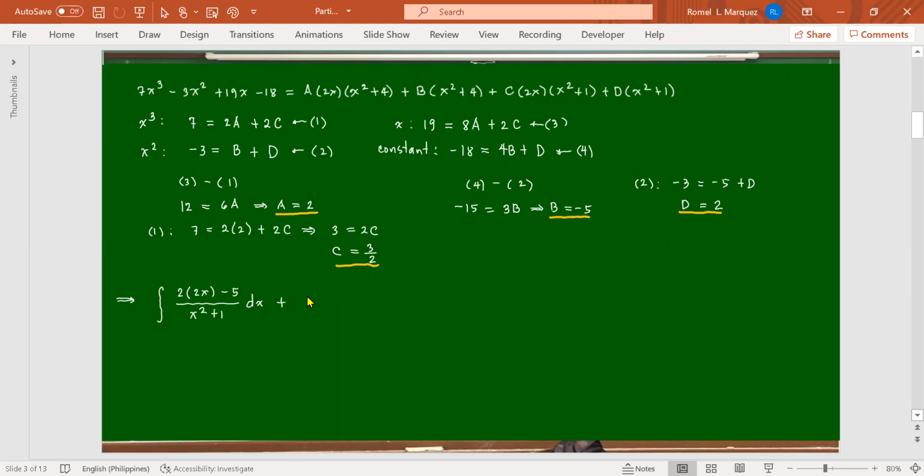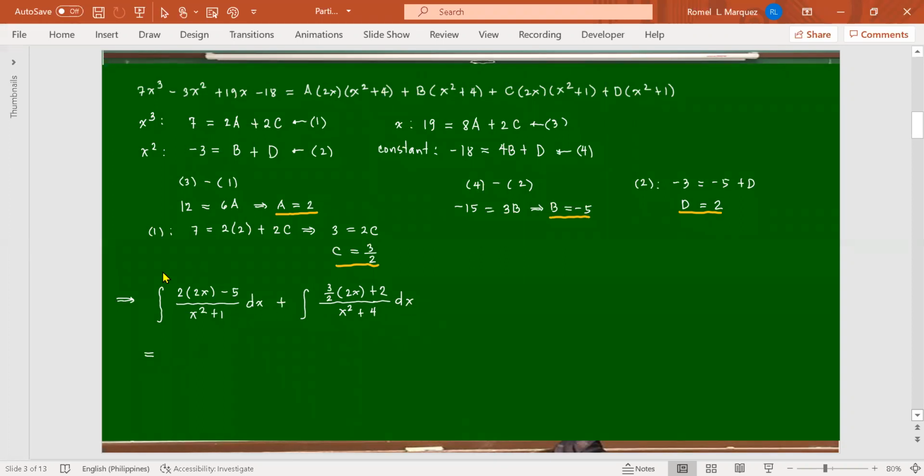And then the second integral, we get the integral of, for the numerator, c, that is 3 halves, times 2x, and then plus d. d is positive 2. All over x squared plus 4 dx.